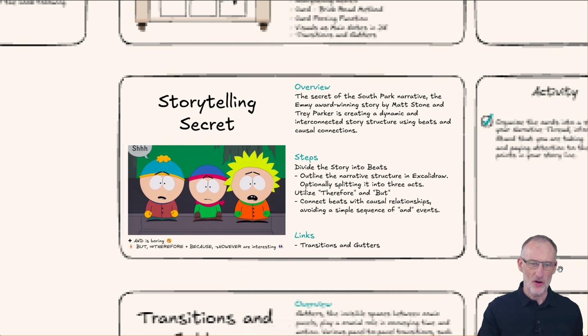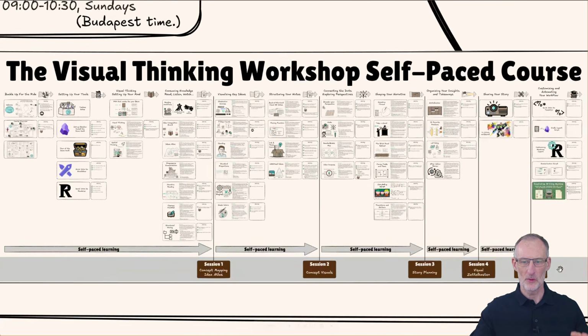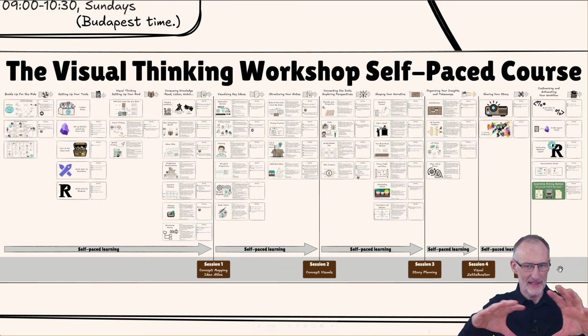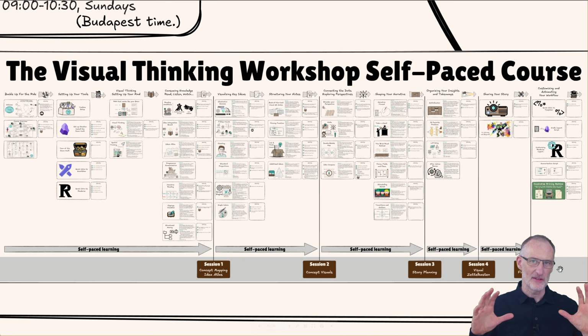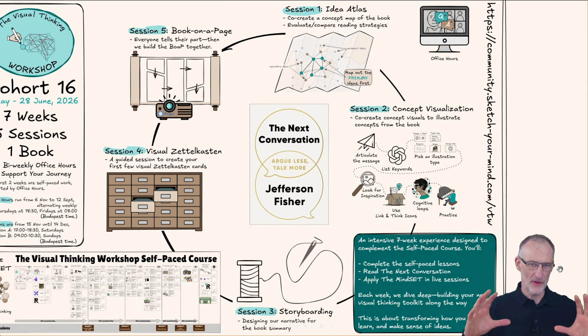In fact, I just want to show you that this card, the storytelling secret, is just one of the 40-some cards within the entire self-paced course that comes with the visual thinking workshop. And in turn, the visual thinking workshop takes you through 5 live sessions focused on different aspects of a complete PKM workflow.